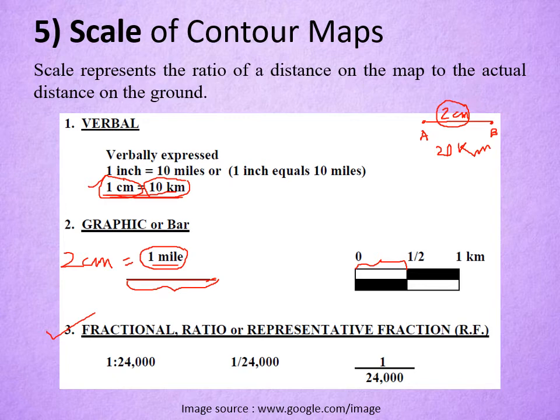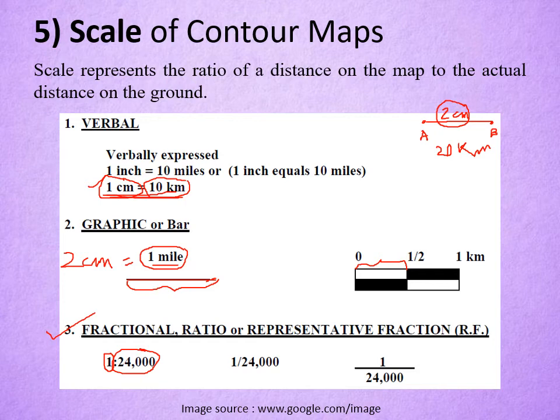It is also called representative fraction. What we actually do here, we represent the map scale, contour map scale, and the original field distance. We put them or we show them in some ratios.